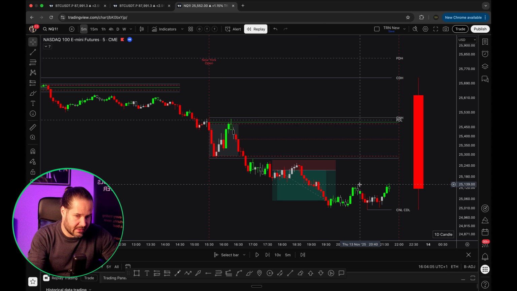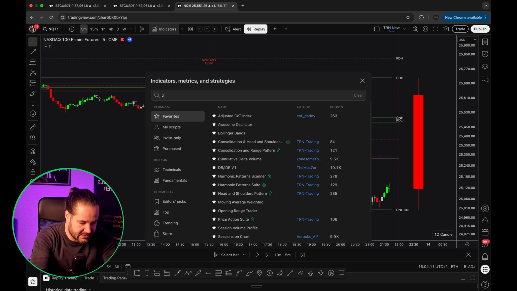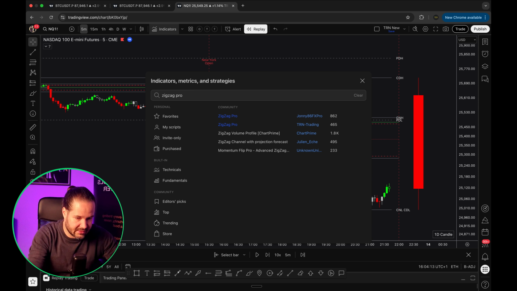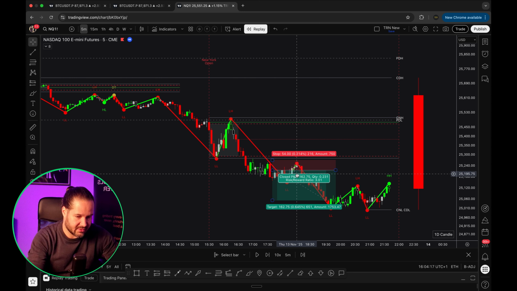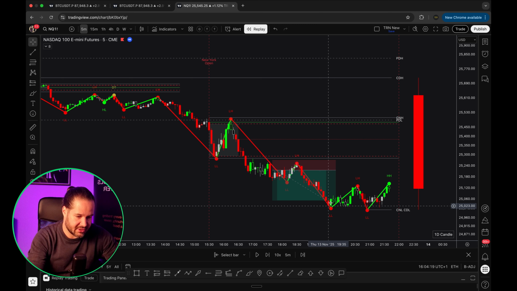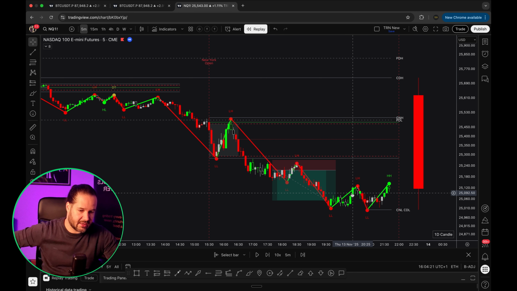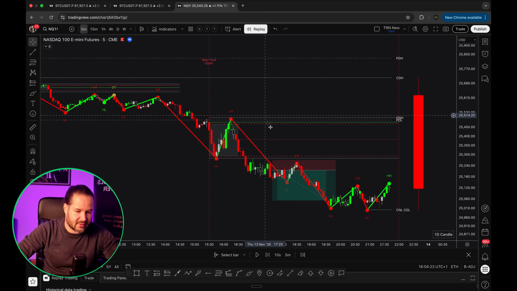And by the way, if you're struggling to see these highs and lows, then you can use our Zigzag Pro indicator, which displays these highs and lows for you. Just to mention it, if you're still at the beginning, you can also very well see the structure if you use this indicator, if we are in a downtrend printing lower lows, lower highs.